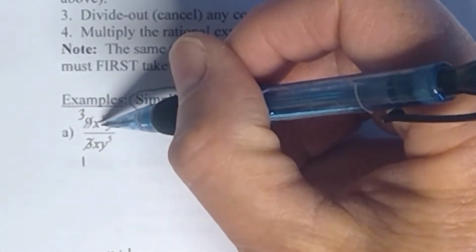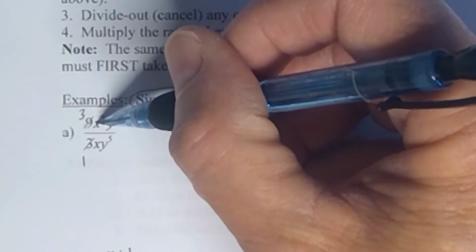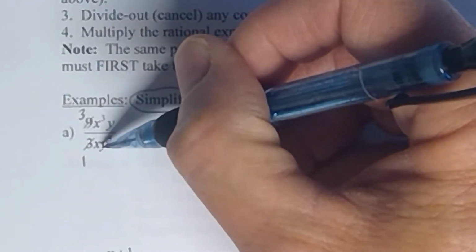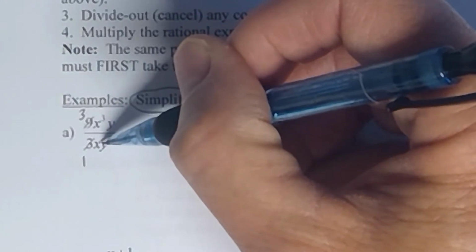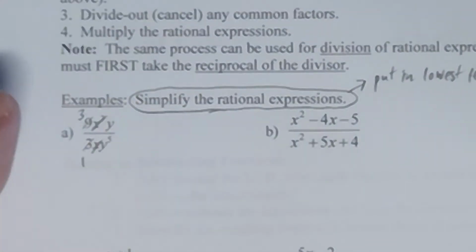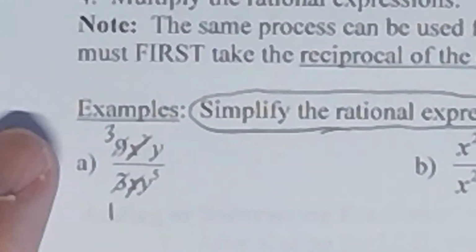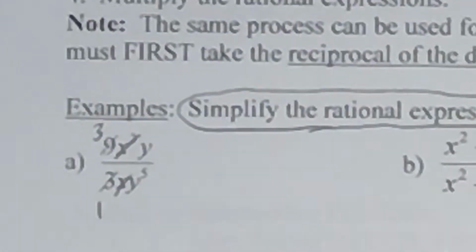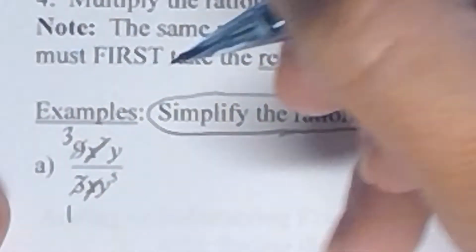And then, as I just mentioned in that other problem, since x and x are the same, we take the exponents and subtract them, bigger minus smaller. 3 minus 1 is 2, and let me remind you again, when you do that, you put the answer, which is x to the second power, wherever the larger exponent was located originally.